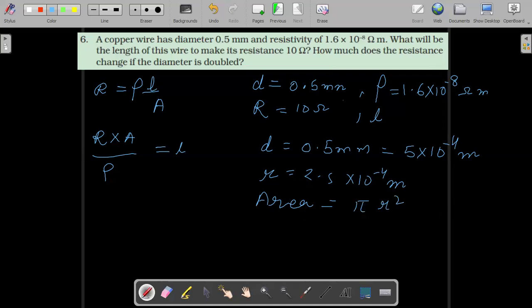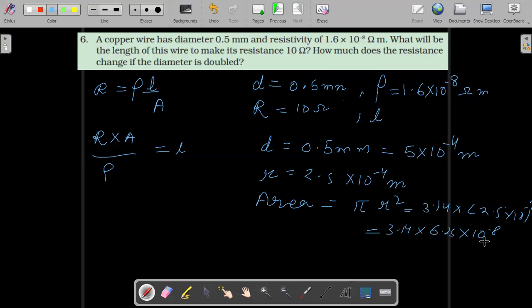So the area will be pi, which is 3.14, multiplied by radius 2.5 multiplied by 10 to the power minus 4, whole square. If you solve it out, you get 3.14 multiplied by 6.25 multiplied by 10 to the power minus 8. Got it?